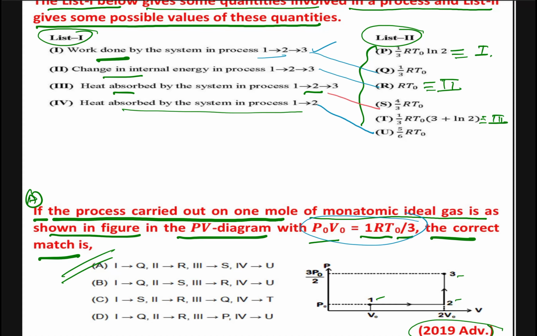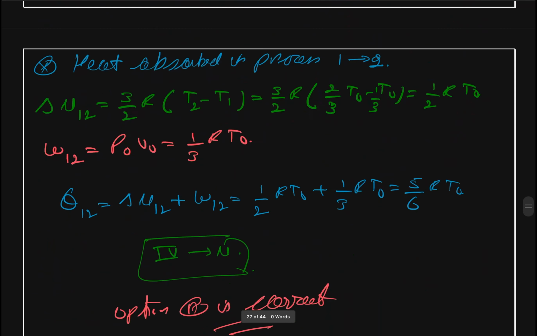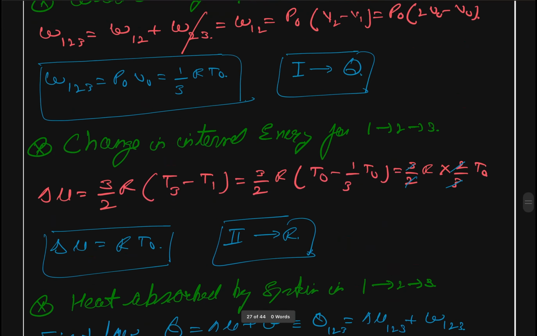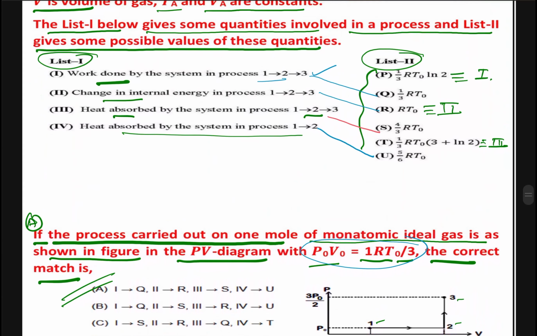One second, I think, heat absorbed in the system from 1 to 2, and it is our RT naught divided by 3 natural log of 2. So this also matches with 4.